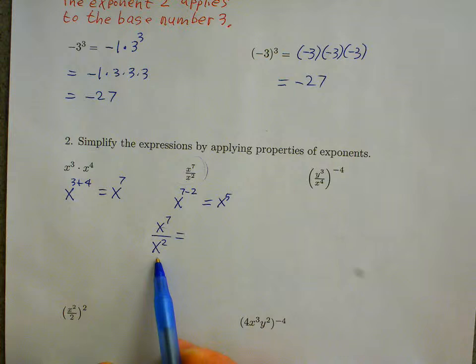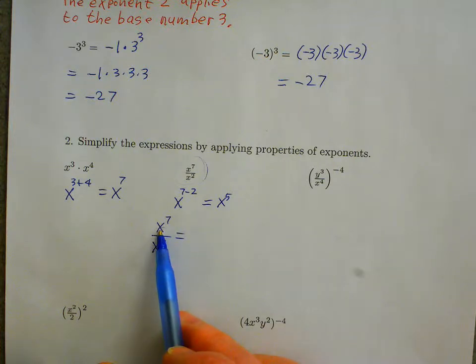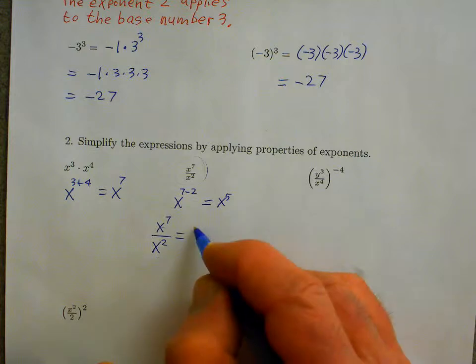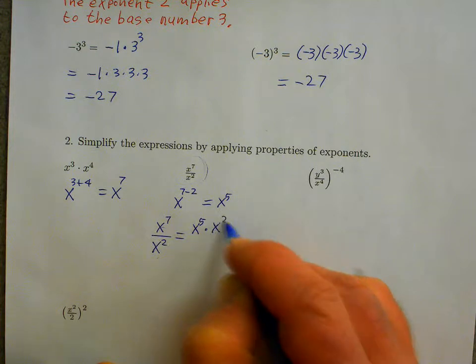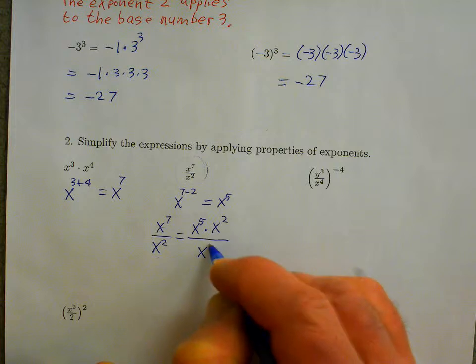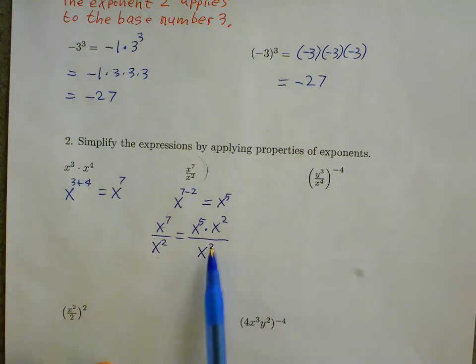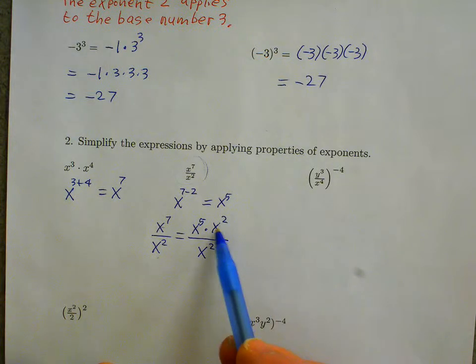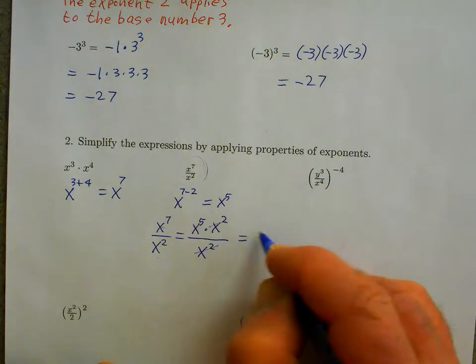Since the denominator is x to the 2nd, we can rewrite the numerator x to the 7th as x to the 5th times x to the 2nd, and then divided by x to the 2nd. And then x to the 2nd divided by x to the 2nd equals 1, so we just get x to the 5th.